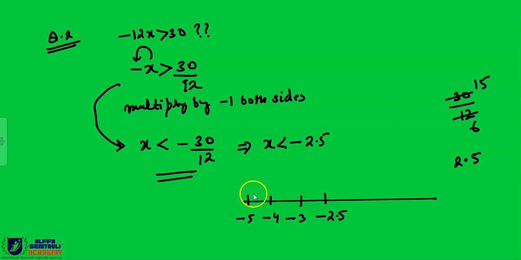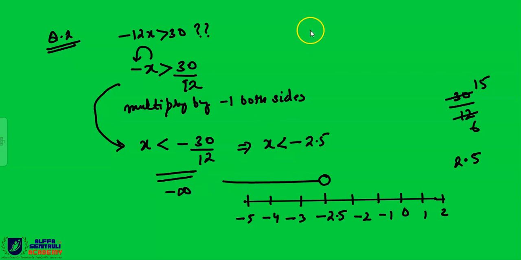And the numbers bigger than minus 2.5 are minus 2, minus 1, then 0 will come, then all the positive integers 1, 2, 3, 4. We have to take all the numbers which are less than minus 2.5. It means that we do not have to include minus 2.5 in our solution. Minus 2.5 is the biggest number and the smallest number can go up to minus infinity.